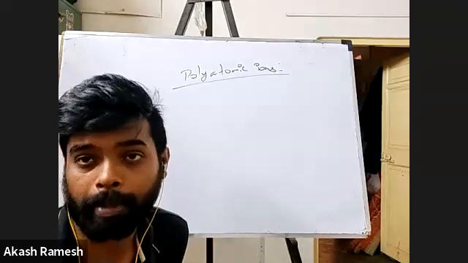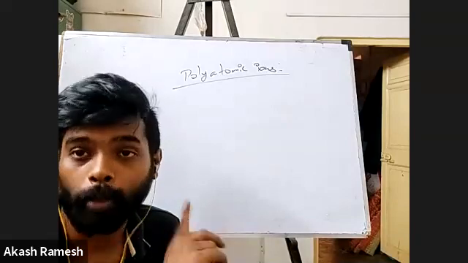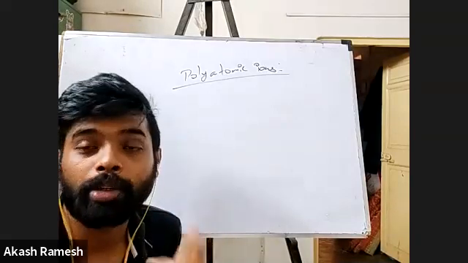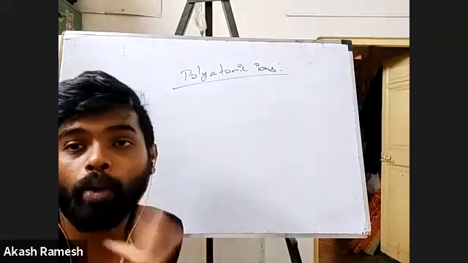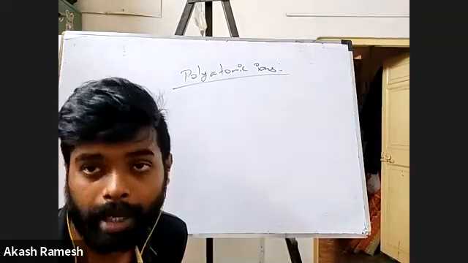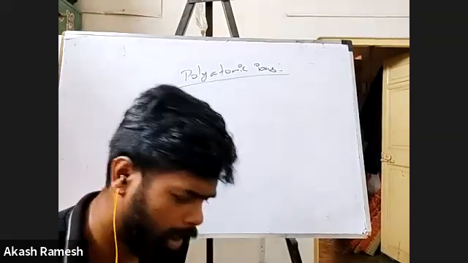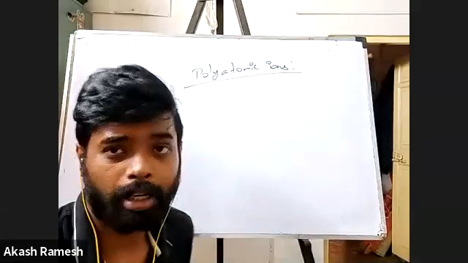What do you mean by monoatomic? Only one element present, only one type of atom present. Right? So when I go for polyatomic ions, you will see that there is going to be more than one type of element present. Okay, right. Fine.